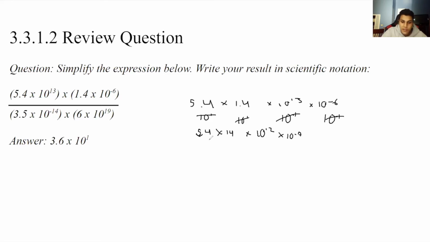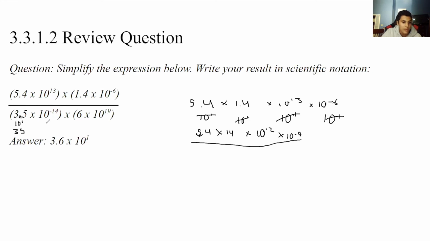So now I have 54 times 14 times 10 to the power of 12 times 10 to the power of negative 7. Well, now I'm going to simplify my denominator. So I actually want to get rid of this 3.5 and 3.5 times 10 to the negative 14. I want to get rid of the decimal point specifically. So in order to turn this to 35, I have to multiply by 10 to the power of 1, right? Because that gives me 35.